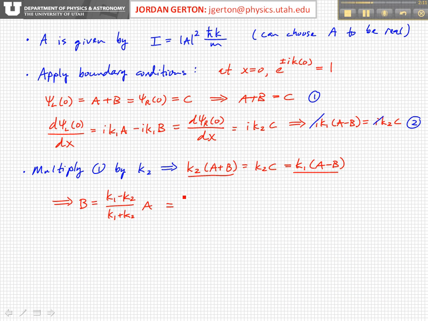So this ratio is equal to square root of E minus square root of E minus U naught, divided by basically the same thing with a plus sign, times A.